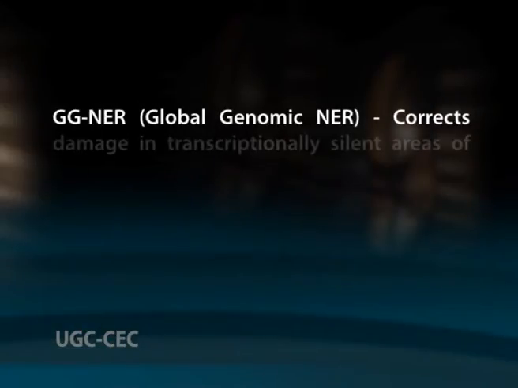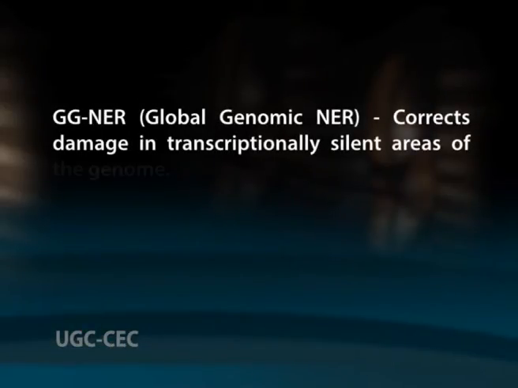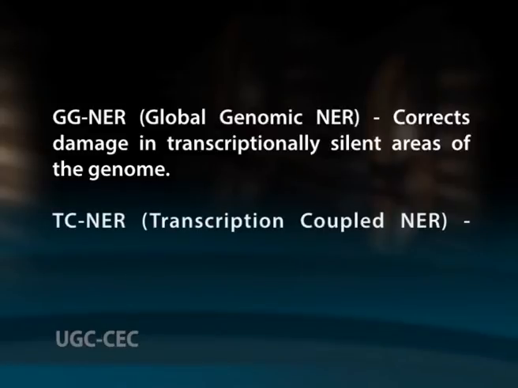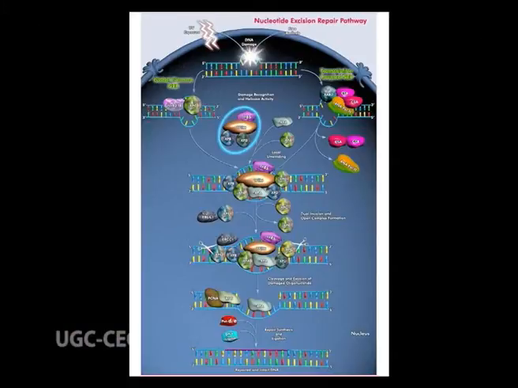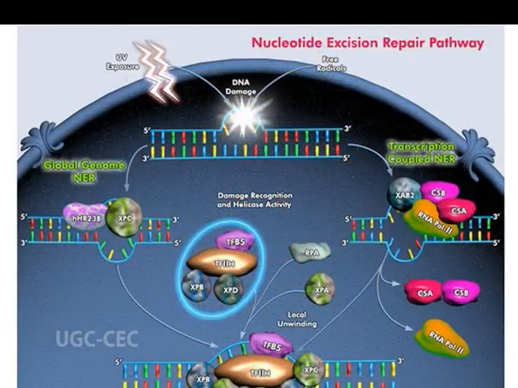There are two distinct forms of nucleotide excision repair: GG-NER, which is the global genomic NER, which corrects damage in transcriptionally silent areas of the genome, and TC-NER, which stands for transcription-coupled NER, which repairs lesions on the actively transcribed strand of the DNA. These two sub-pathways are fundamentally identical except in their mechanism of damage recognition.